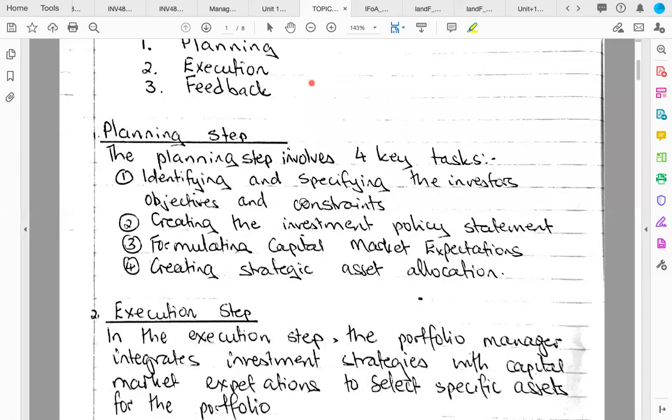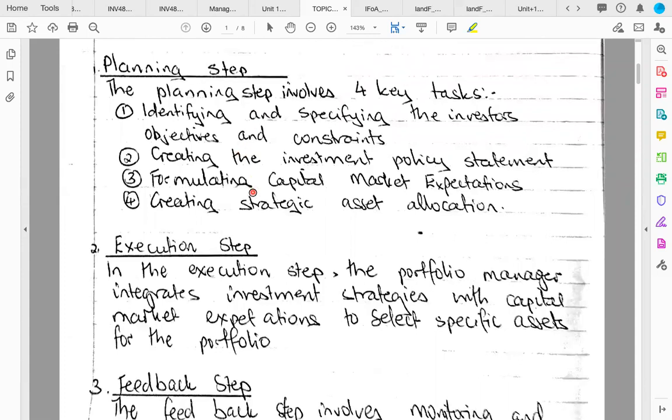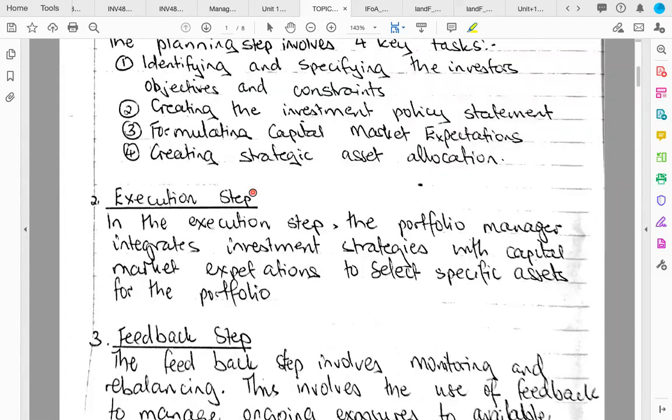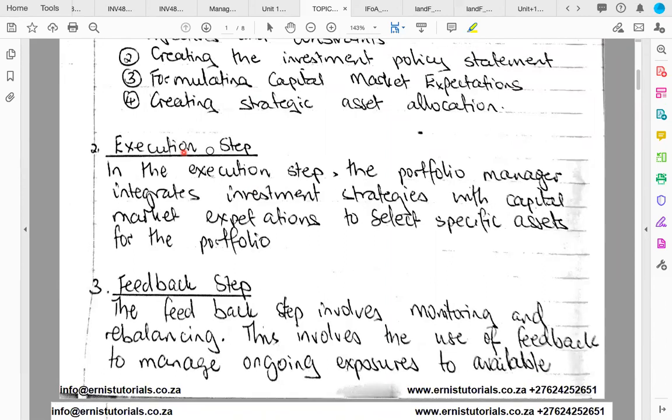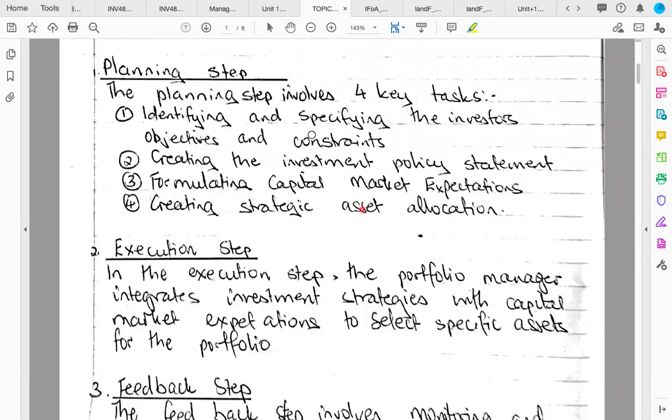Okay, so the planning step involves these 4 parts, right? And then once you've accomplished those 4 tasks, then comes the execution step. So this module is also going to look at the execution step in later chapters. So in the execution step, the portfolio manager integrates the investment strategies with capital market expectations to select specific assets for the portfolio. So with the first step, we're just planning.